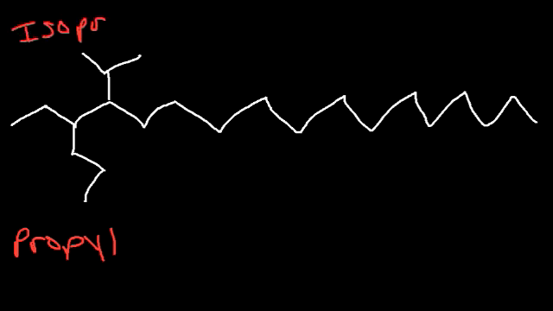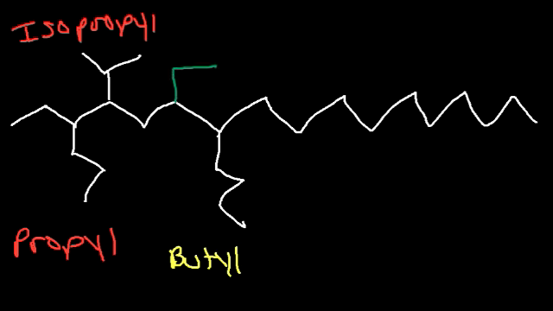So that's isopropyl. So here, this is a regular butyl group. As you can see, there's 4 additional carbons. And to draw isobutyl, it's going to be 1, 2, and then it's going to split off at the end. So as you can see, there's 4 carbons. Whenever it's iso, it always splits off into 2 methyl groups. So that's isobutyl.